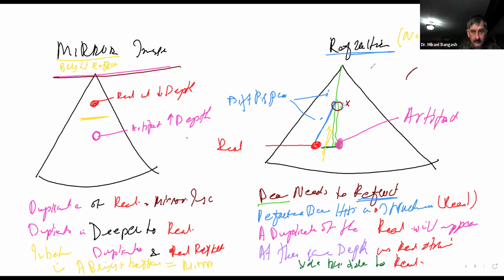Beams coming like this would be straight, but here the angle is oblique, it's not 90 degrees.